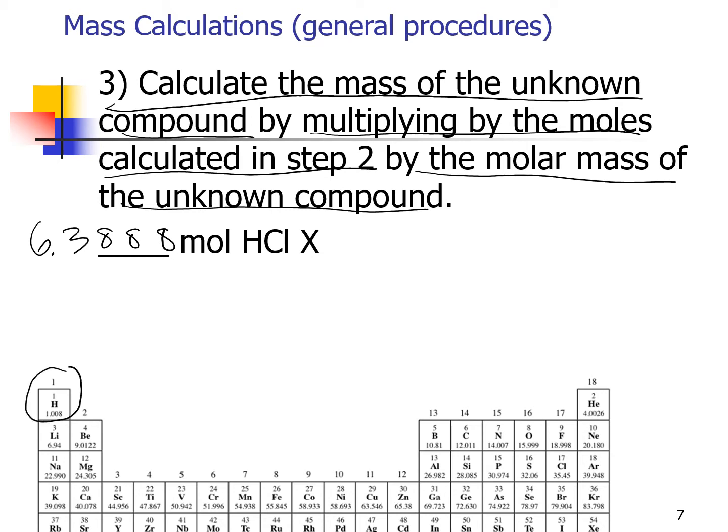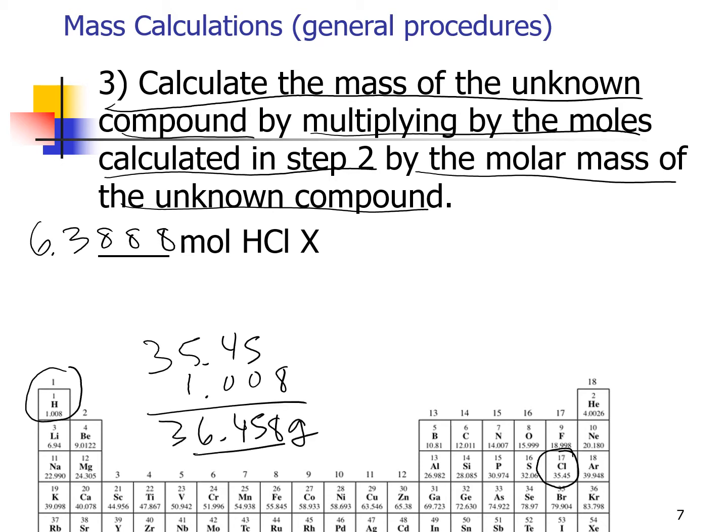So we have the mass of hydrogen is 1.008 and the mass of chlorine is 35.45. So if we add those two numbers together, we get 36.458 grams is what 1 mole of HCl weighs.